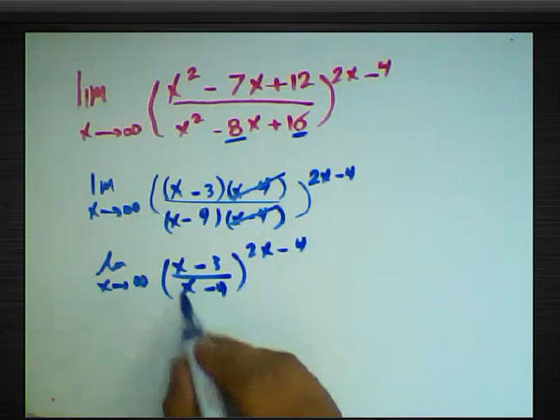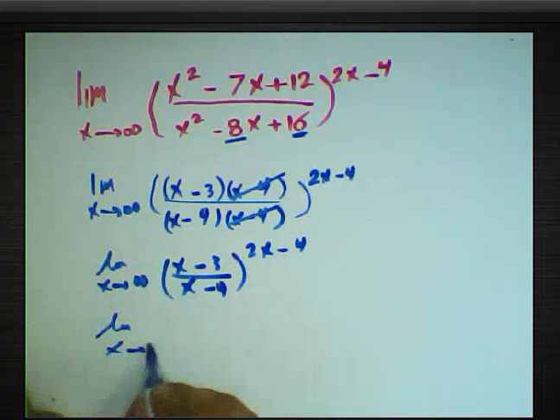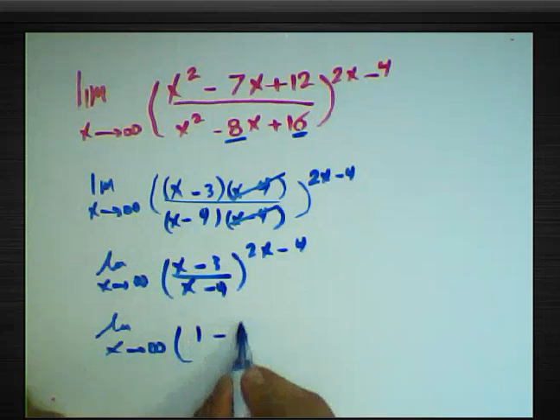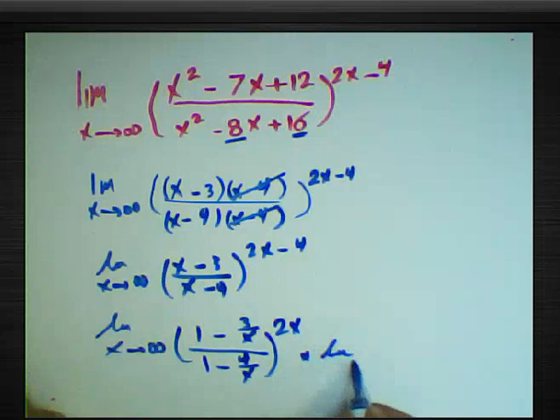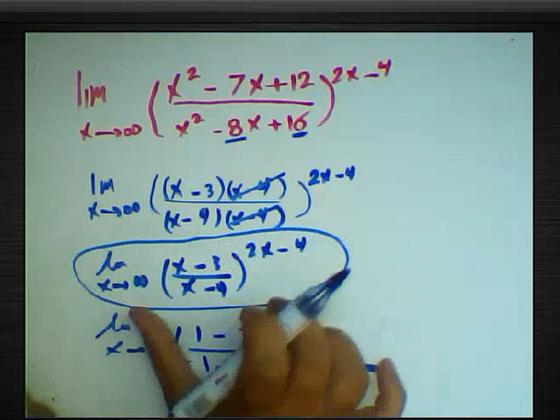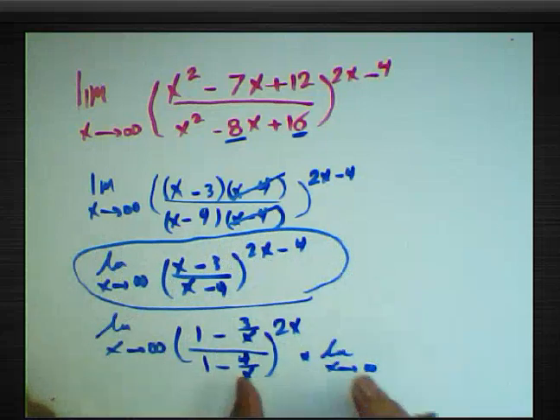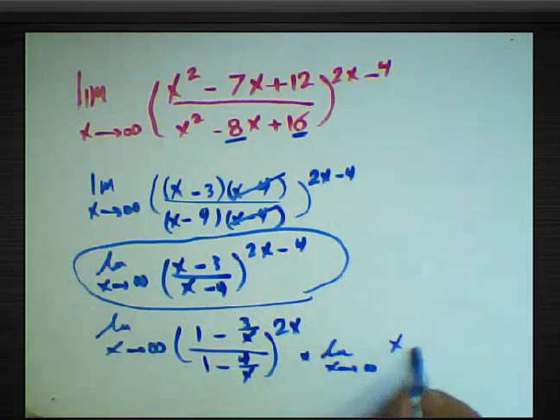We can simplify it by dividing all terms, numerator and denominator, by x. Okay, limit when x approaches infinity, it will be (1 − 3/x) over (1 − 4/x), all to the power 2x. I will distribute this limit to the base here and the base here, again with power negative 4.